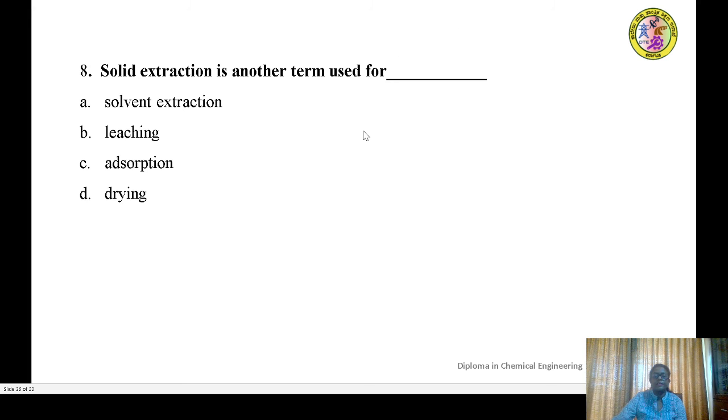Let me give you the answer. It is leaching. Leaching is that operation in which a solid component from a solid mixture is removed using a liquid solvent that dissolves that component. It is also termed as solid extraction. Option B is the correct answer.